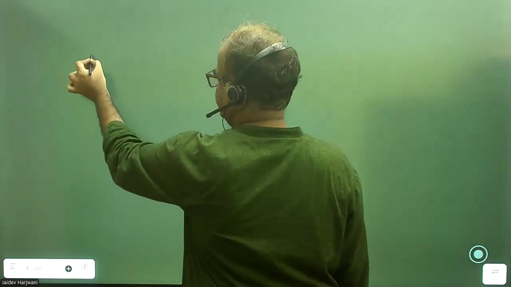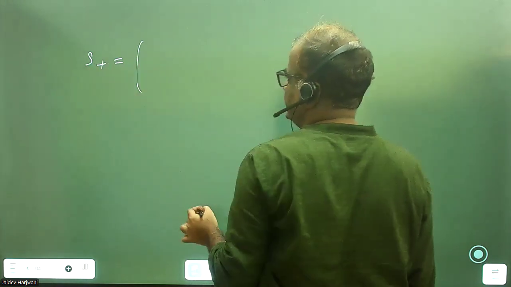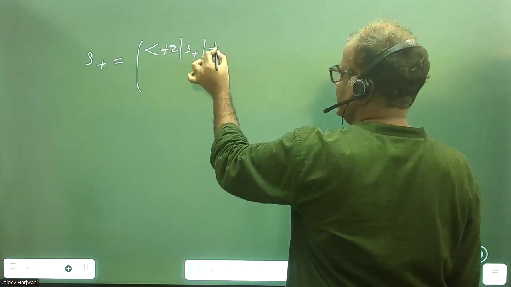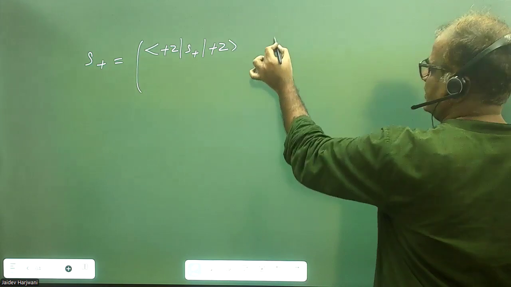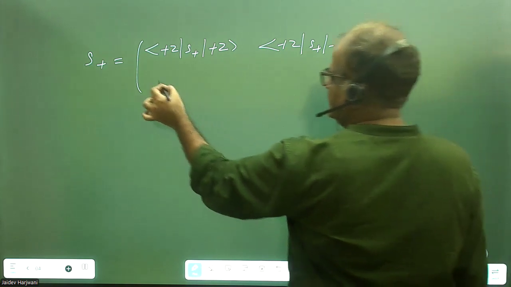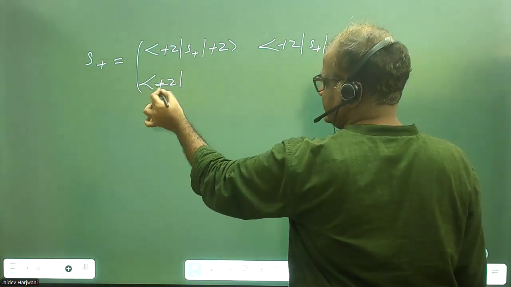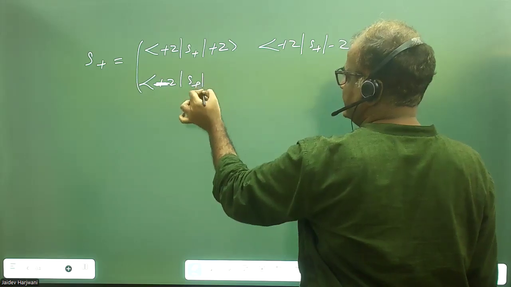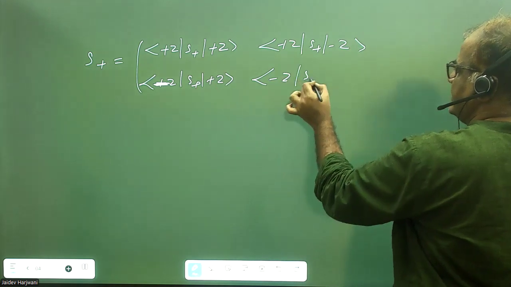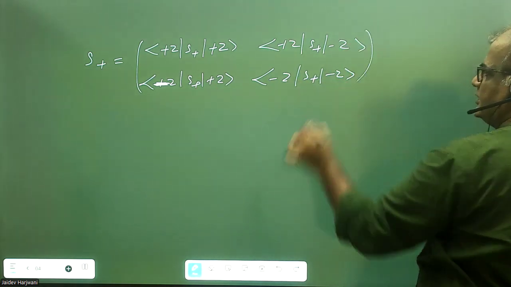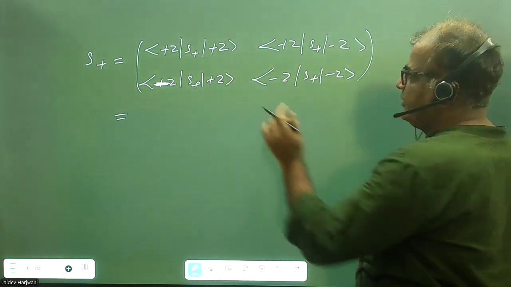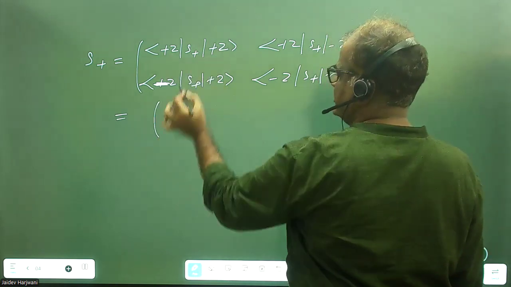We have the matrix elements: plus Z, S plus, plus Z; plus Z, S plus, minus Z; minus Z, S plus, plus Z; and minus Z, S plus, minus Z. I told you when S plus operates on plus Z, it cannot increase further, so this becomes 0.